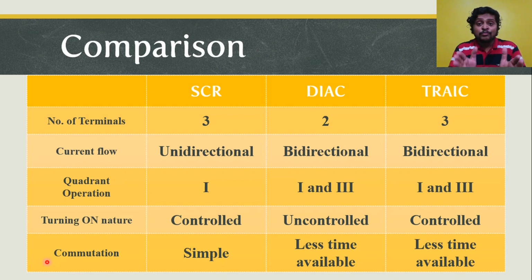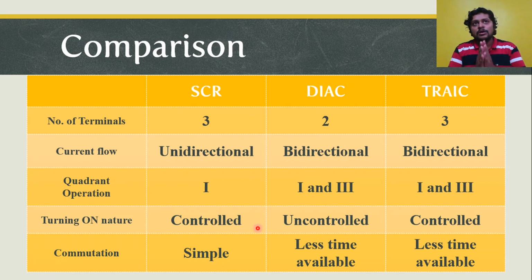If we fail to commutate these devices, they remain in the on condition and conduct again. It's not a problem with the DIAC, but it is a challenge with the TRIAC. That's why for DIAC and TRIAC we have less time, whereas for SCR we have major techniques available.